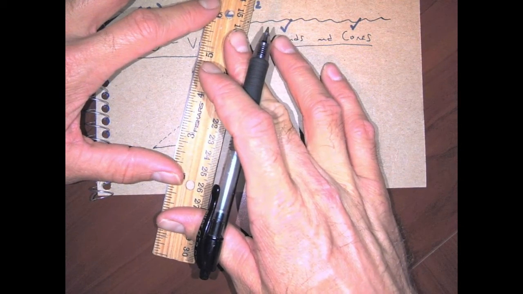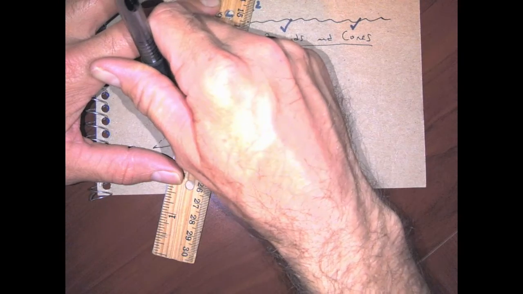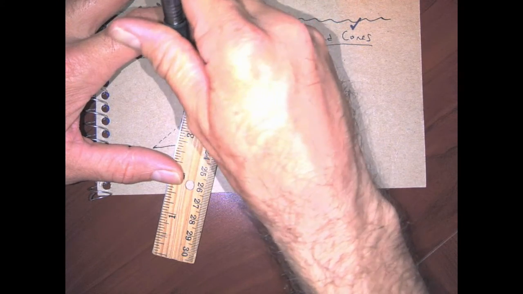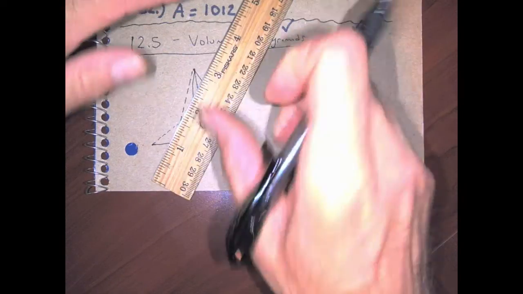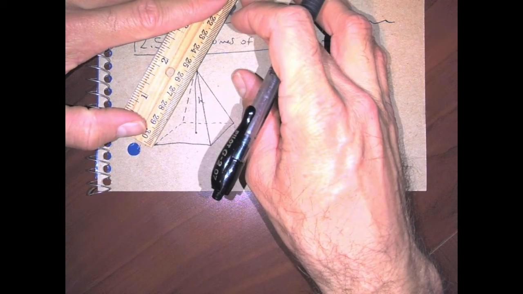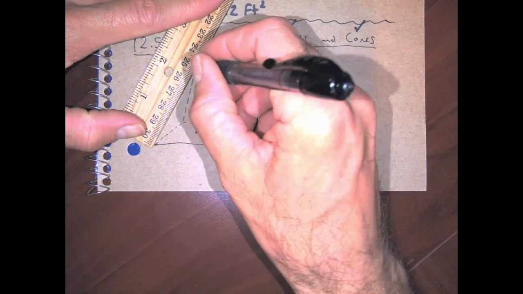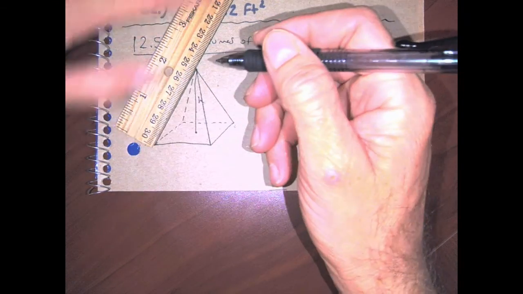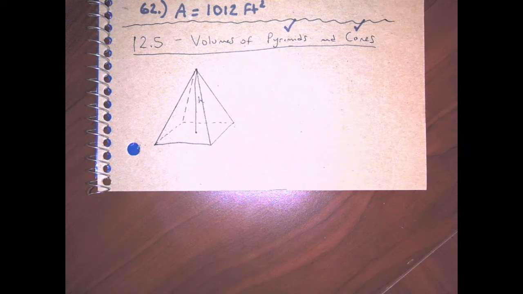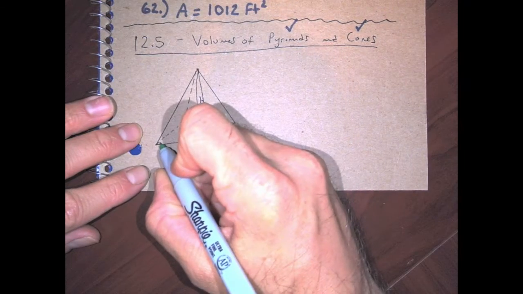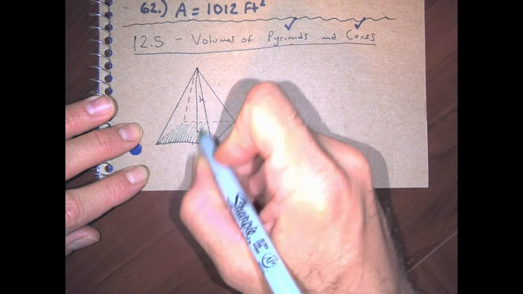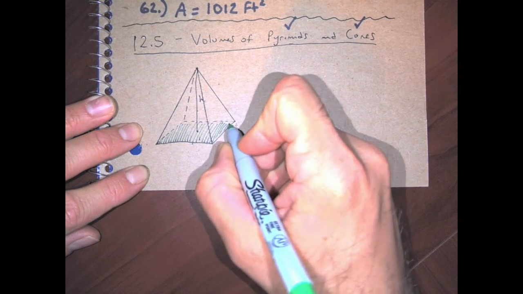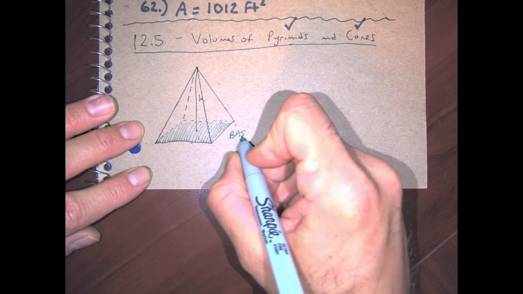We're going to make this back one dashed, because it's an edge that we can't see with our eye, but we know it's there. Whereas this one, we can see this edge. Sweet. All right, let's go ahead and shade the base. Get some colors out if you could, if you would, if you should. Okay, there is your base.